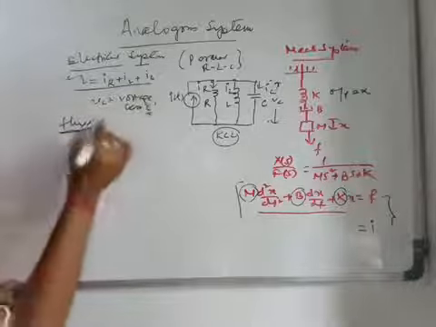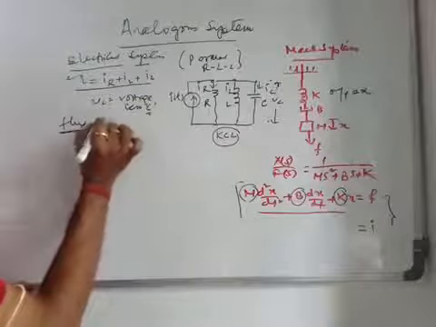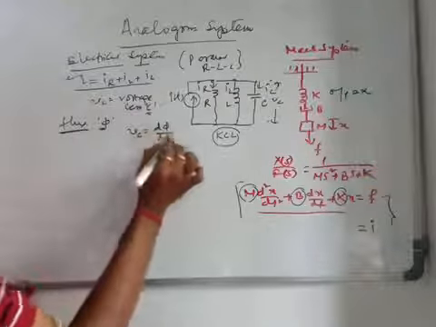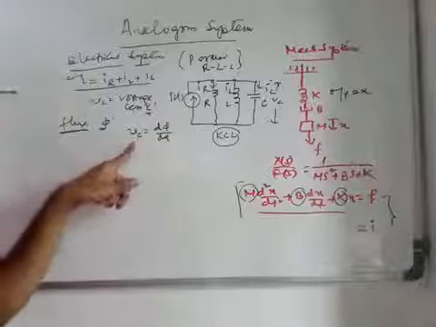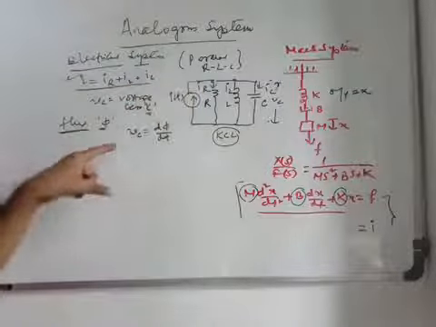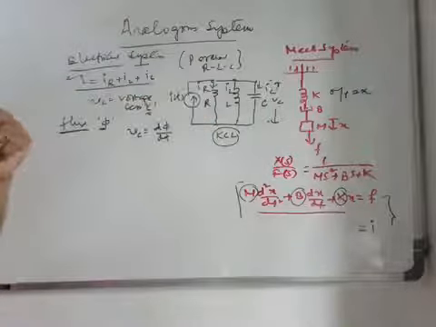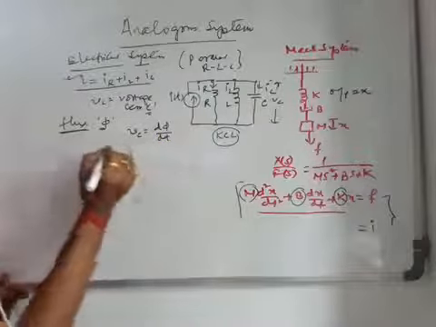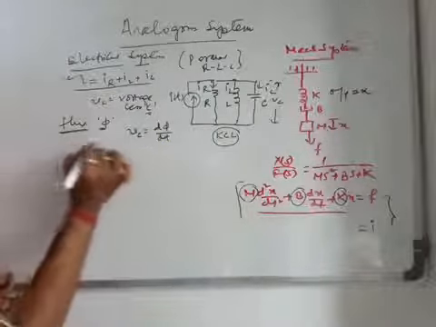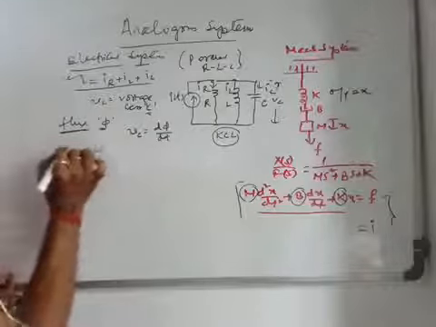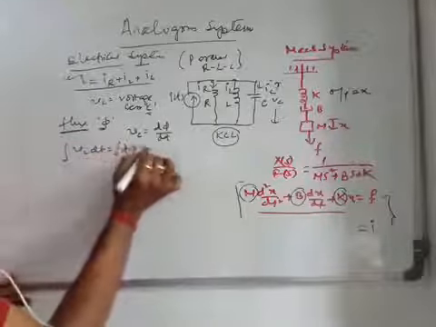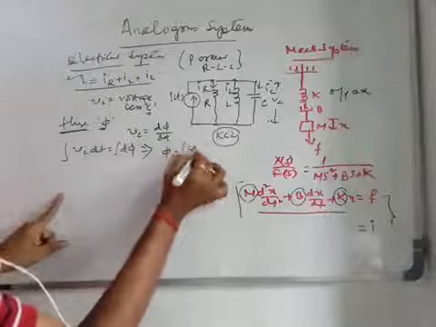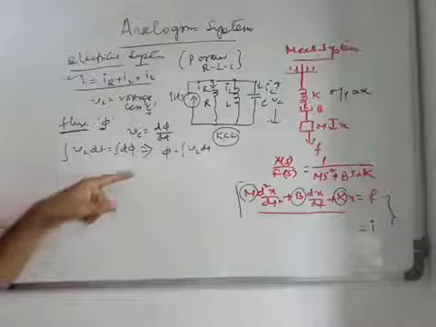When the current changes, the flux phi is generated, and the change of phi is the development of the EMF, that is the voltage across the capacitance C, or the voltage across the resistance R and the inductor L. So VC is equal to d phi dt, or the integration of VC dt is equal to phi. This is one expression required for our analysis.